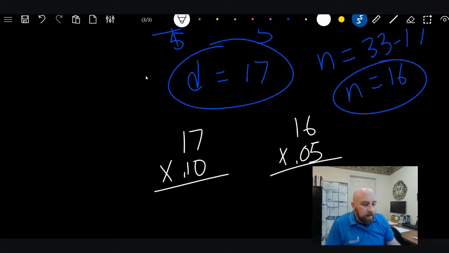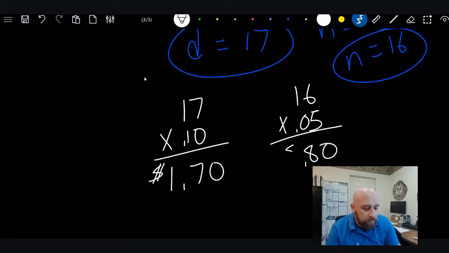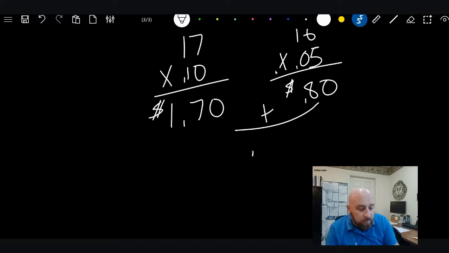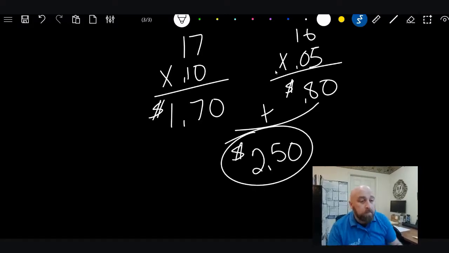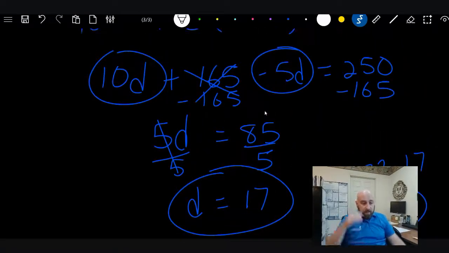Okay, so if you go ahead and verify that, that gives us $1.70 from dimes. And from nickels, that gives us 80 cents. If we take these two and we add them together, we get our $2.50. And so we are correct. Okay, 17 dimes and 16 nickels.